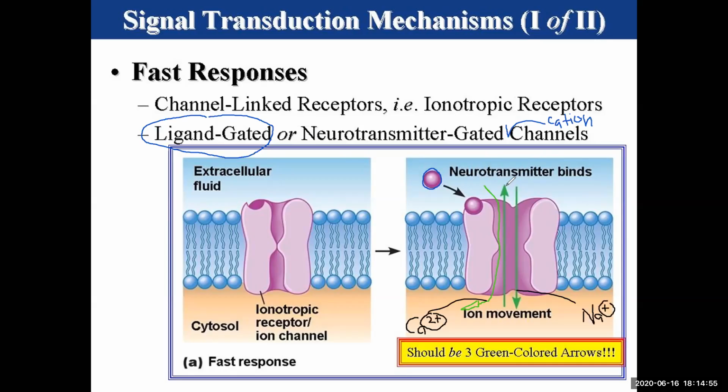And then this green that comes out, that's potassium efflux. Potassium is leaving the postsynaptic neuron. Sodium goes in the postsynaptic neuron. Calcium goes in the postsynaptic neuron. But potassium is leaving the postsynaptic neuron.